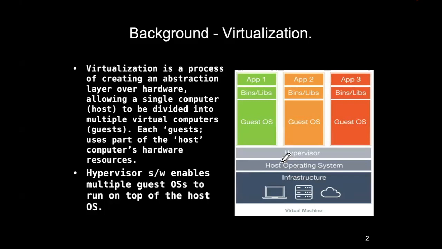There would just be the hypervisor. You can install the hypervisor directly on top of your hardware. And then you can have VMs, or virtual machines, running on top of that. That's really the way AWS, for example, works. So these could be EC2 instances in the case of AWS.